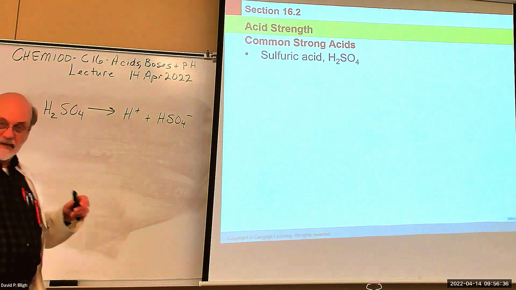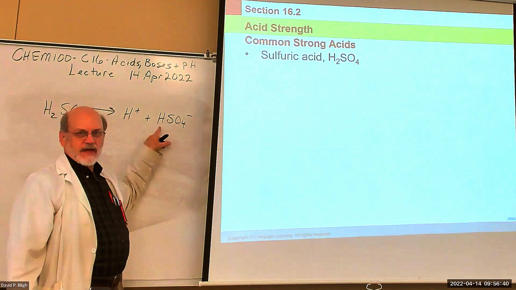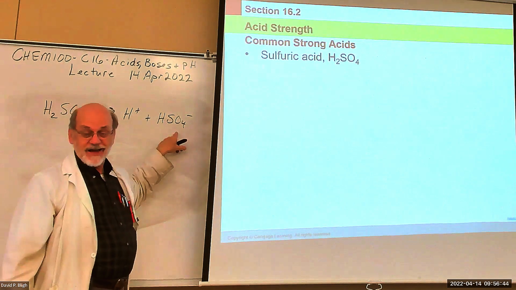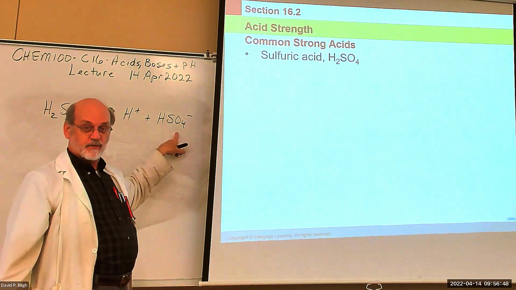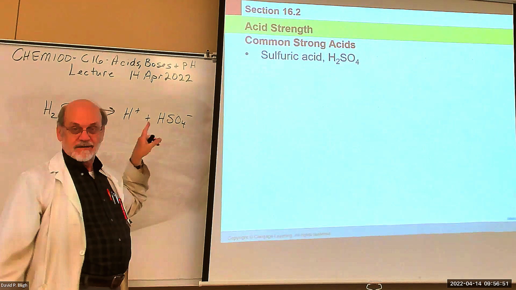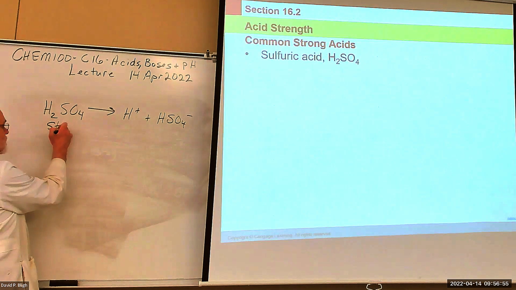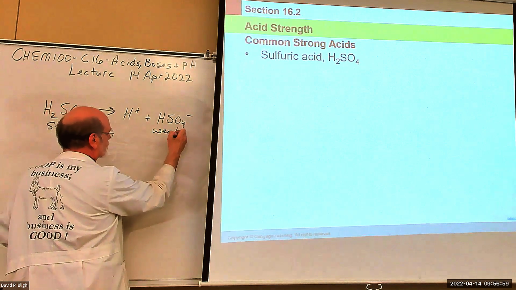Now, just think about it. How hard is it going to be to remove that proton from this molecule? This is a negative ion. You know how hard it is to remove a positive from a negative when they're that close together? It's very difficult. So this is a strong acid. This is a weak conjugate base.